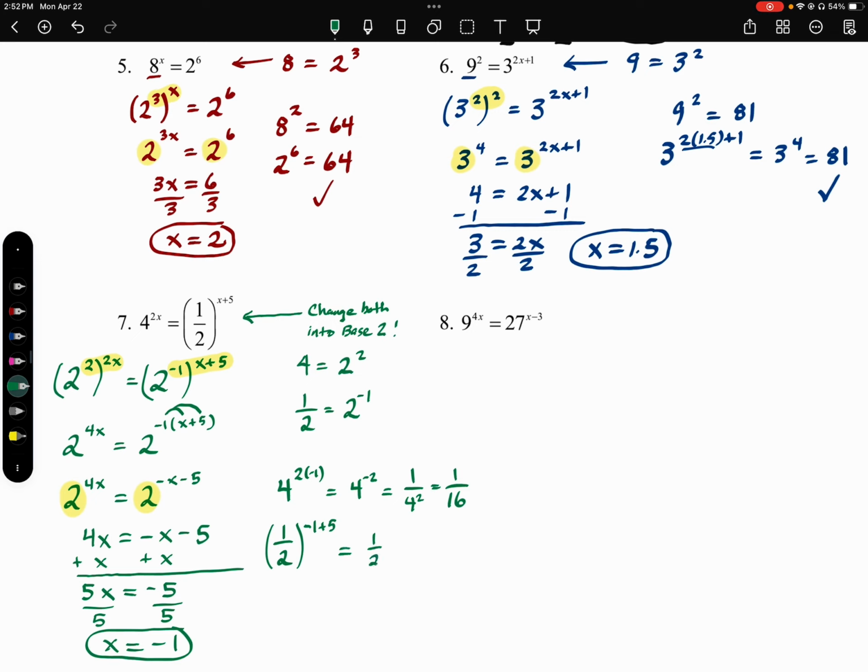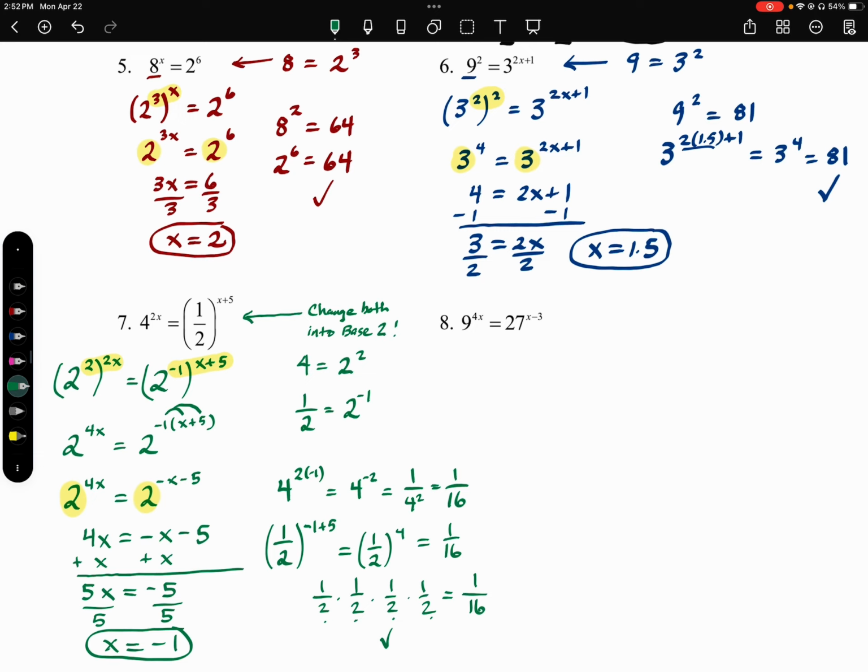Well, that would be 1/2 to the positive fourth power, which remember is like saying 1/2 times 1/2 times 1/2 times 1/2. Well, 1 times 1 times 1 times 1 is 1. 2 times 2 times 2 times 2 is going to be 16. And you see that equals 1/16 as well. So we know that that one works.